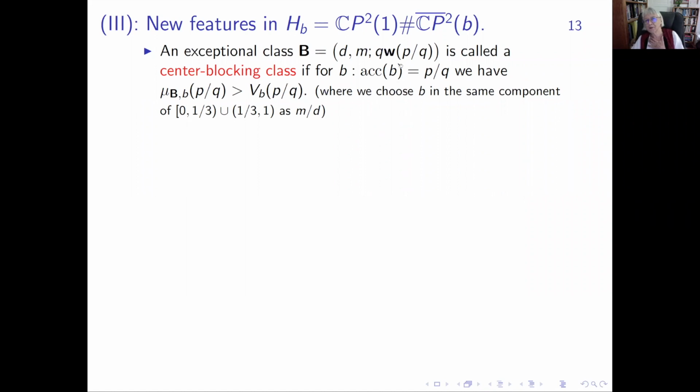The center of a class like this is terribly important. So you look at the corresponding B, the B value that has the accumulation point there. And then you have to choose the right branch of V. And then an exceptional class is called center blocking if the obstruction from this class is blocking, so it's bigger than the volume at the center point.